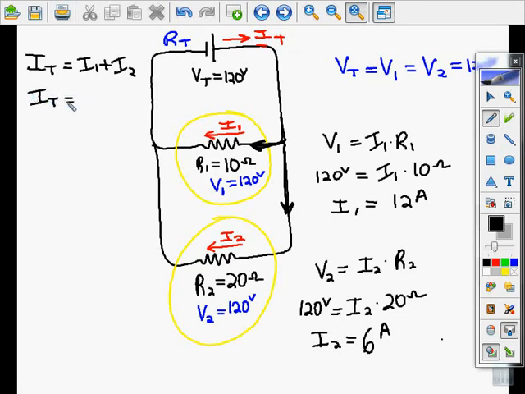We got 12 amps and 6 amps. That's it. That's the total current. Total current here.